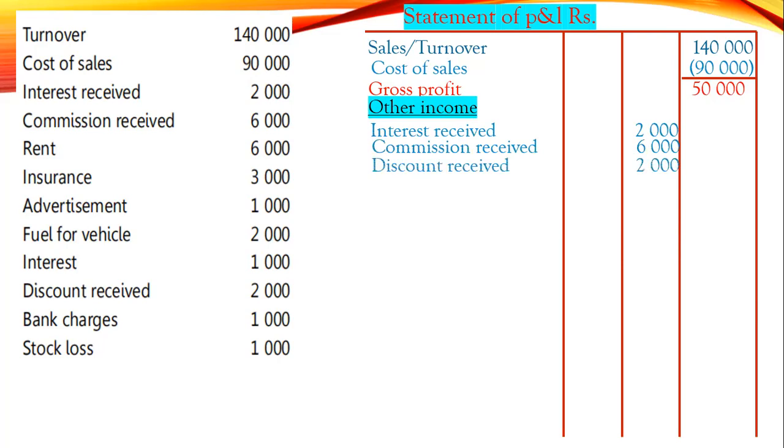There are 3 other incomes. That's what we are writing in the second column. If you have even 2 other incomes, as I showed you in the previous question also, write in the second column. Even if you write in the first column, it doesn't matter. Even if you write in the third column, no problem. Column is not a problem to gain marks.